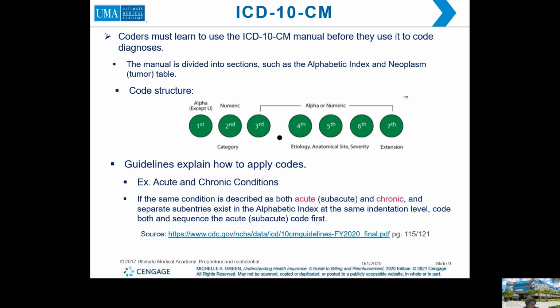So before a coder can learn how to code, they have to learn how to use a manual. And I hate to say it that way, but you have to learn how to use it. It's divided into sections, such as the alphabetic index, neoplasm table. One thing I want everyone to understand, a neoplasm is just a tumor.